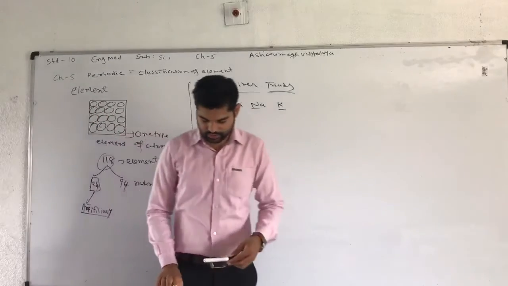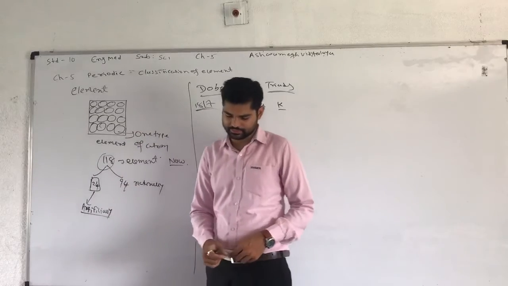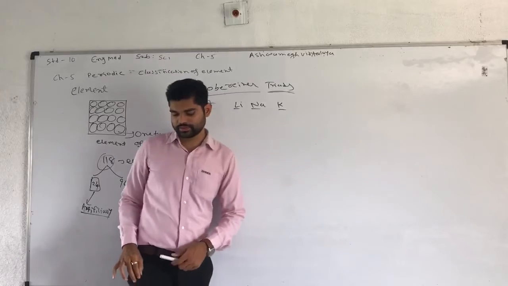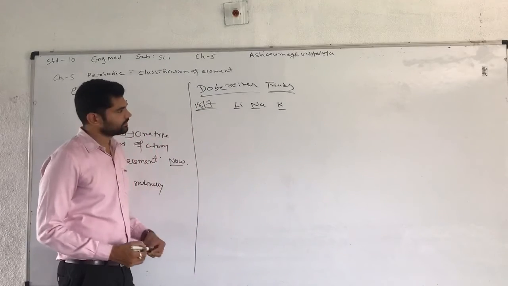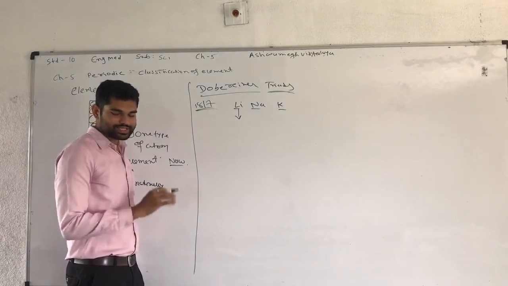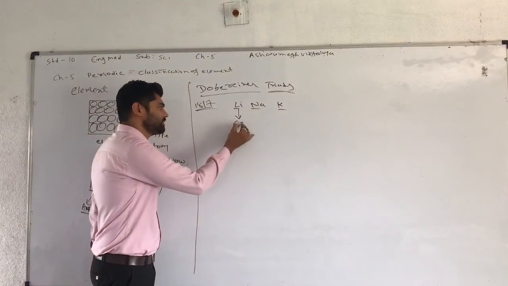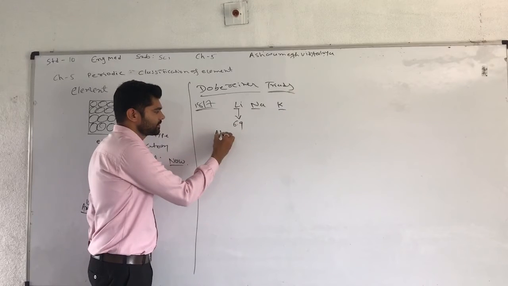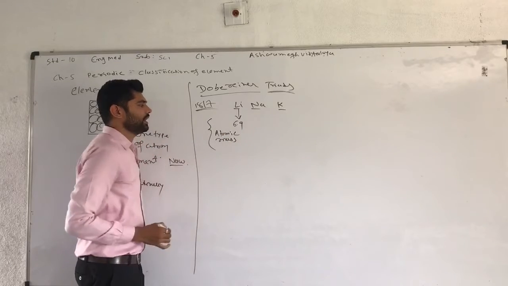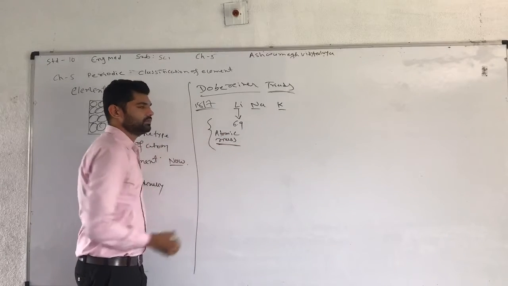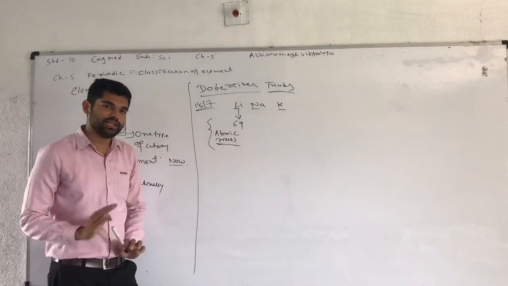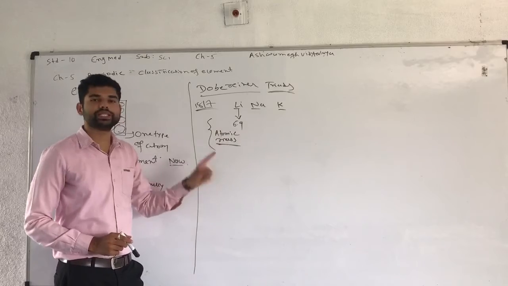The atomic mass of lithium is 6.9. According to Dobereiner's triads, elements are arranged by their average atomic mass.